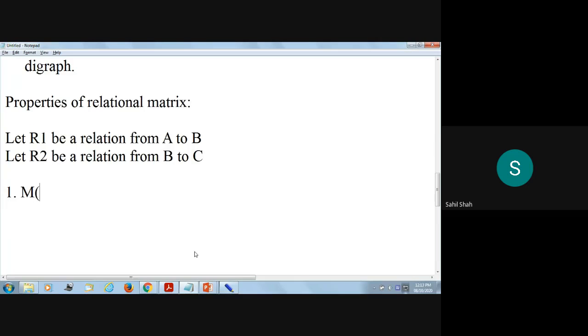M means matrix of R1 composite R2. This should be in suffix. I am writing together. While writing in your notebook, you should write in suffix. M of R1 composite R2 is equal to M of R1 multiplied by M of R2.